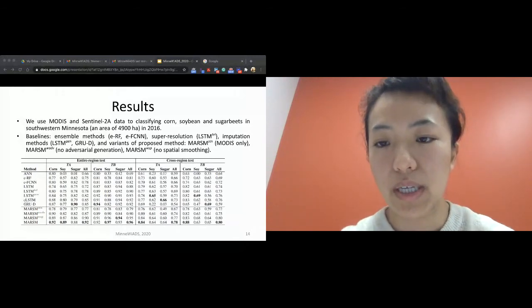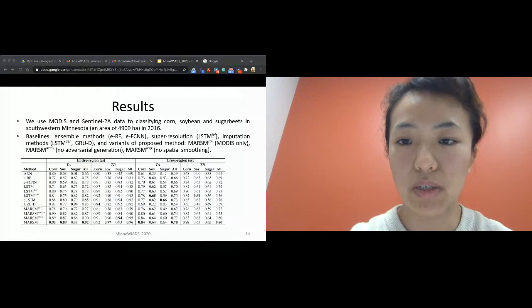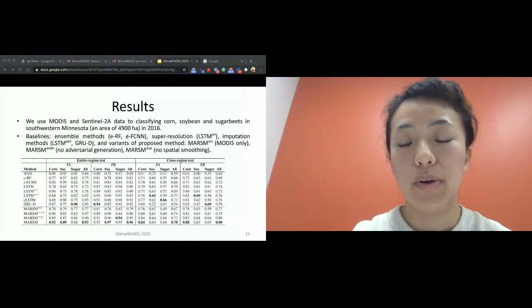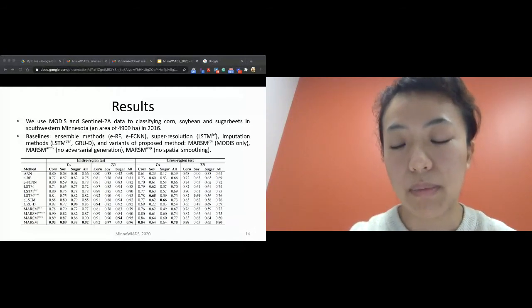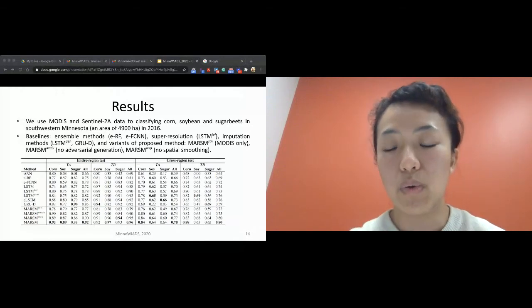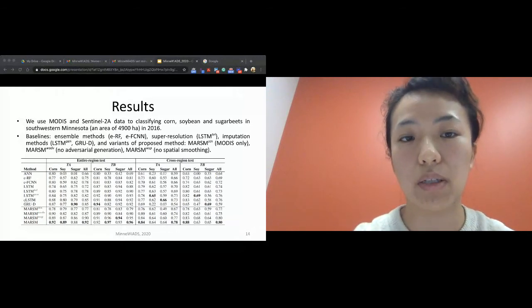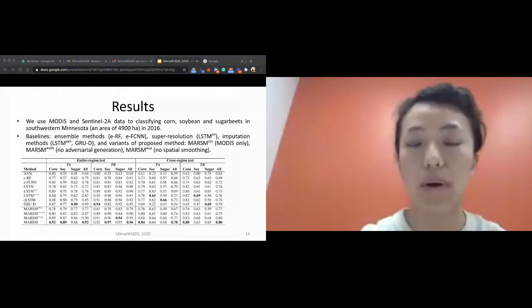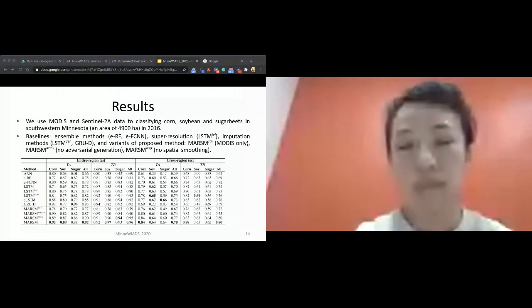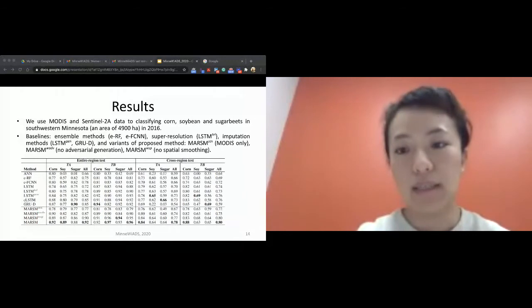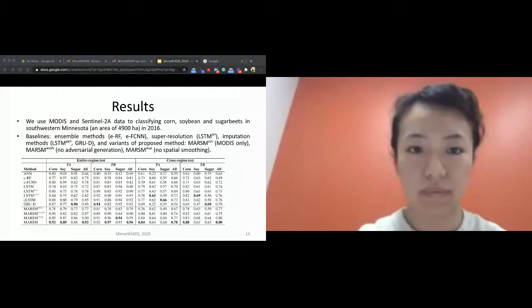Also, in general, sequential models such as LSTM perform much better than static models like the feedforward neural network or random forest, because the static models don't capture the temporal pattern very well. And the solutions based on the variational recurrent neural network are better than the pure LSTM.